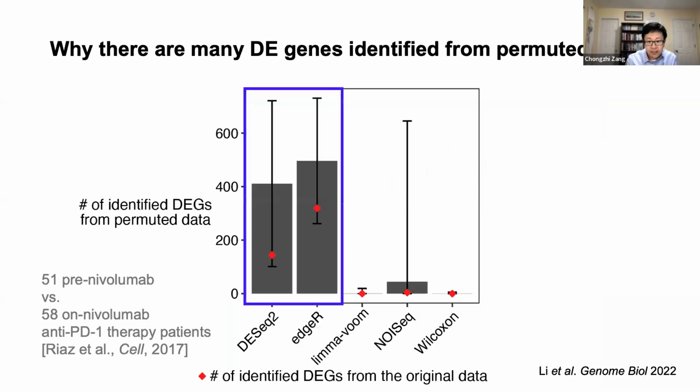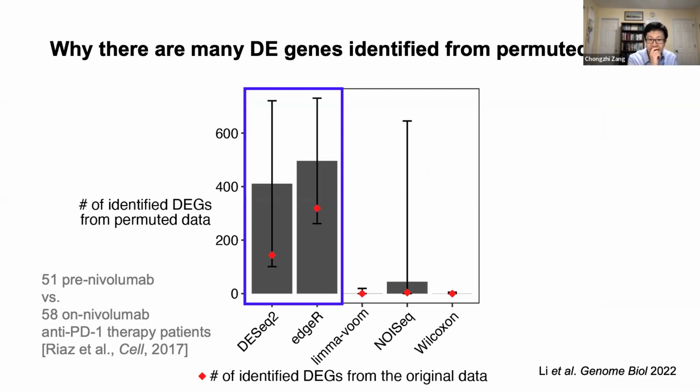The interesting thing that they found is that the number of identified differentially expressed genes using commonly used differential expression analysis tools like DESeq2 or edgeR is huge.